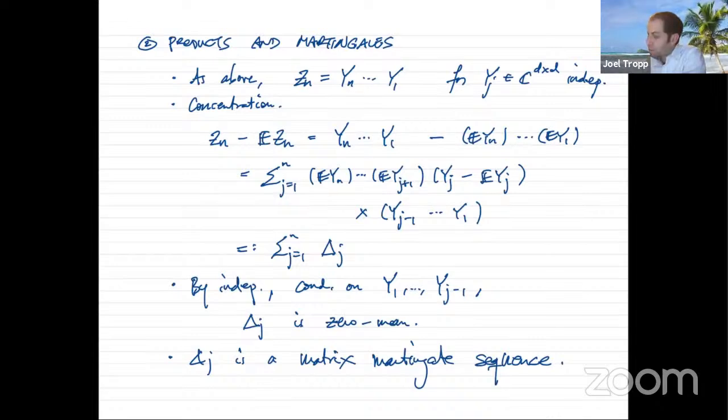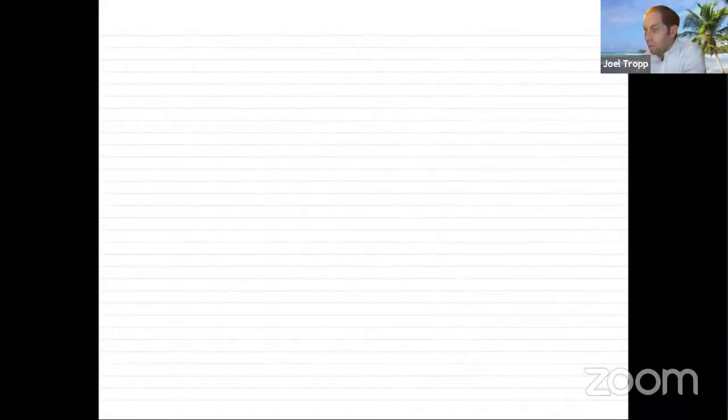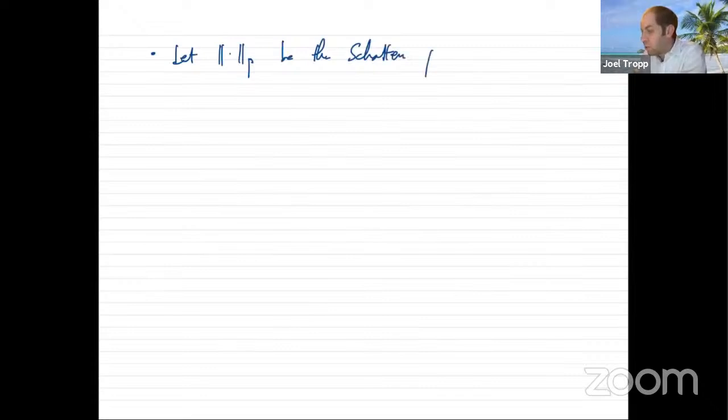All right. So let's do that. So we're going to let norm sub p be the Schatten p norm. So remember, the Schatten p norm of a matrix is the LP norm of the singular values of the matrix.